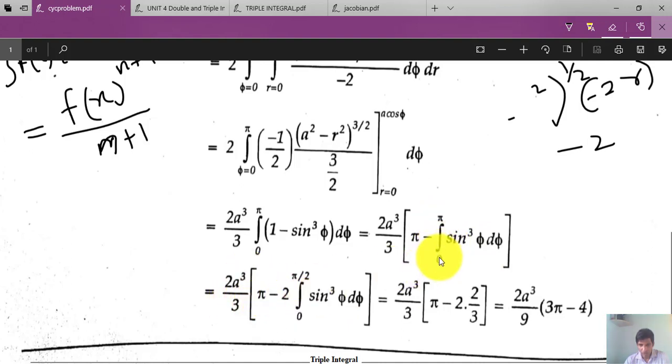There is a property that if the given integral is from 0 to pi, you can write it as 2 into the integral from 0 to pi by 2 of sine cube phi d phi, where you can apply the reduction formula. So 2a cube divided by 3 into pi minus 2 into 2 by 3, which is equal to 2a cube divided by 9 into 3 pi minus 4. So this turns out to be the solution.